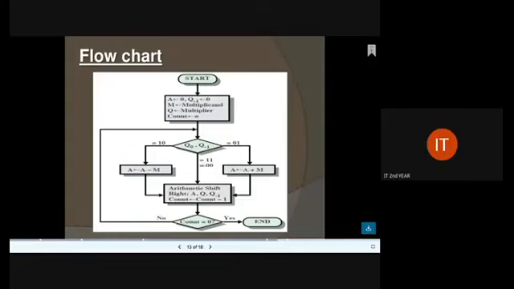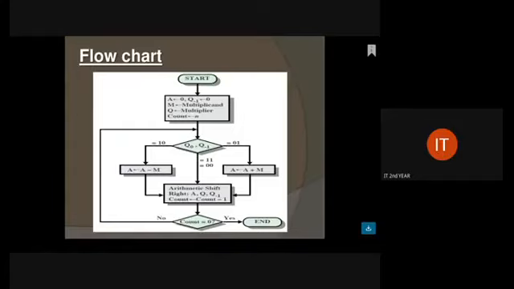If the value is 1 1 or 0 0, then we will just go on to the arithmetic shift right process, that is we will shift the values of A, Q and Q minus 1.